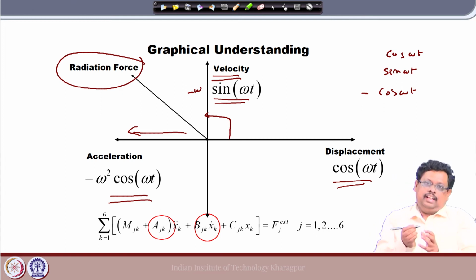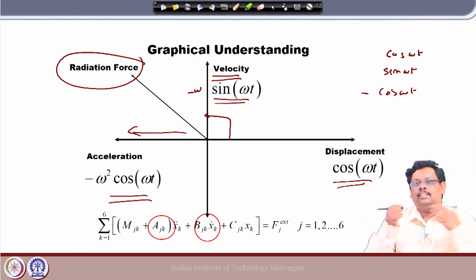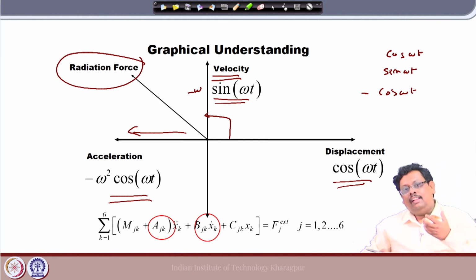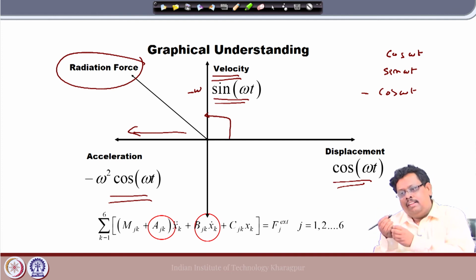Now you understand, we oscillate the body, it is harmonic, sin omega t or cos omega t, and then the response takes some time, like the body starts oscillating, and then there is some phase lag of epsilon, and then we have the radiation force.